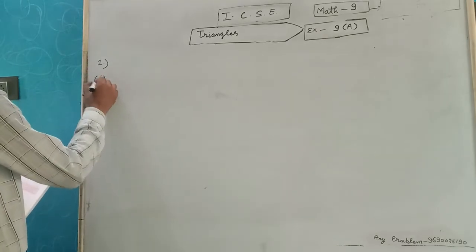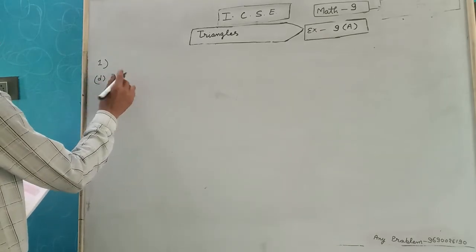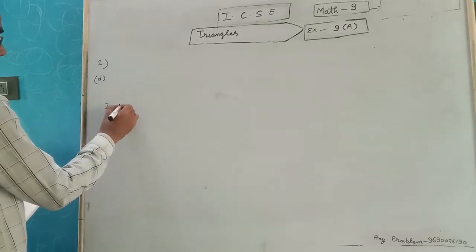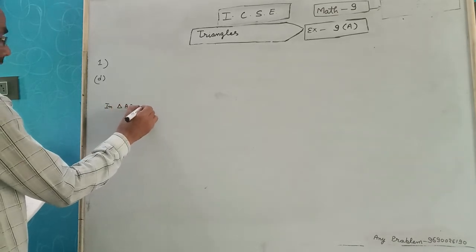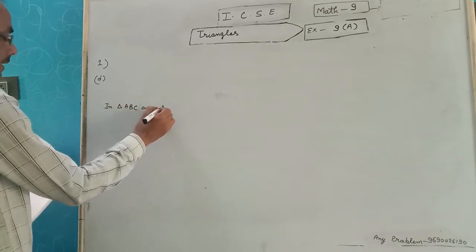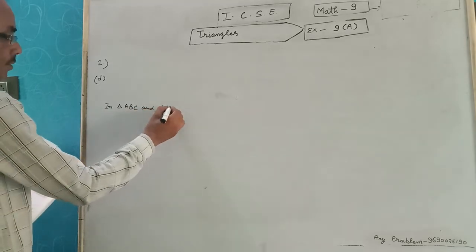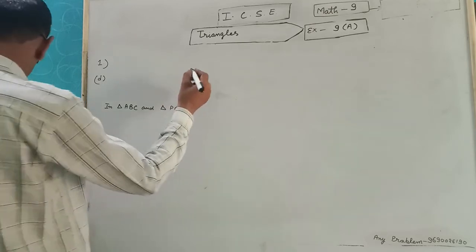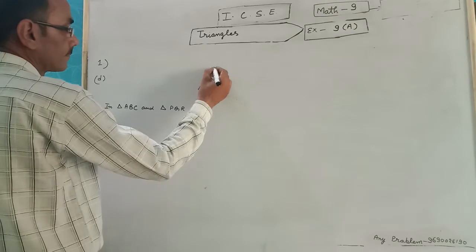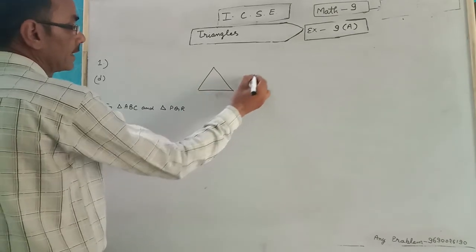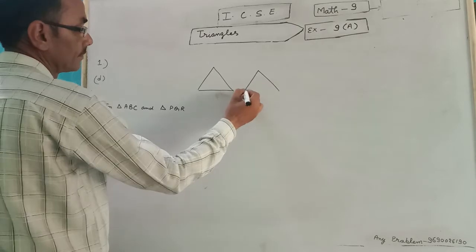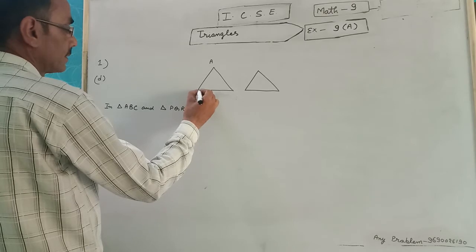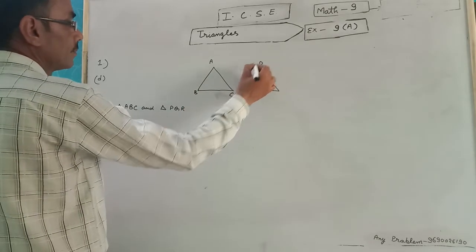triangle, in triangle ABC and triangle PQR. That it could be triangle ABC, PQR.